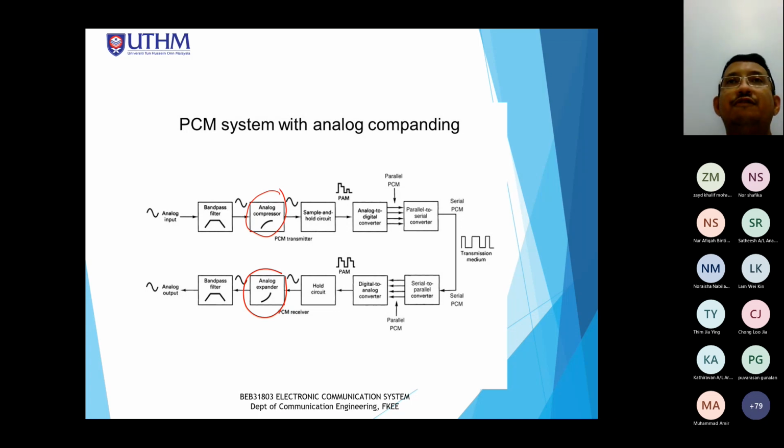Remember about non-uniform quantization, where we want to have more steps for the weak signal in order to have a better SNR, that means we want to reduce the amount of errors. So we use the companding process, which will do the non-uniform quantization. And then the rest would be the same process that we have learned.